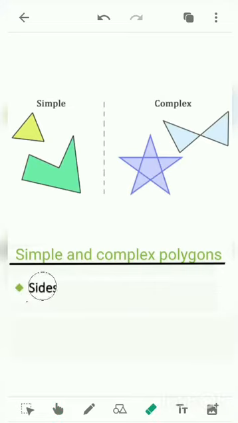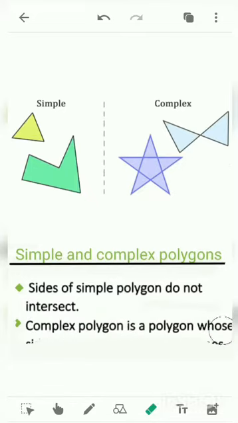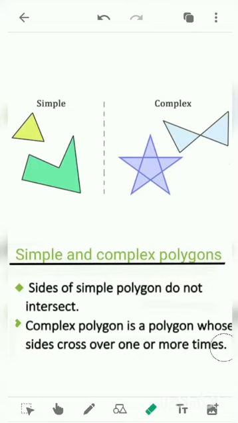Therefore, a simple polygon is a polygon whose sides do not intersect or cross over one or more times, and a complex polygon is a polygon whose sides cross over one or more times.